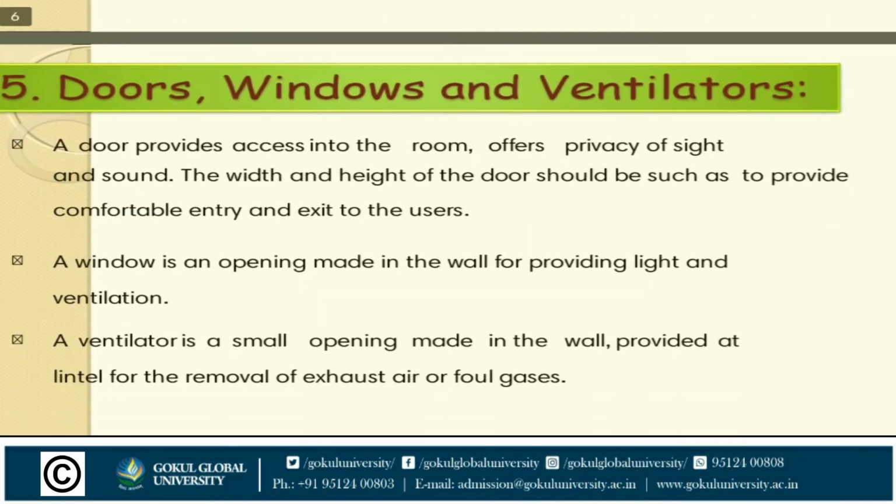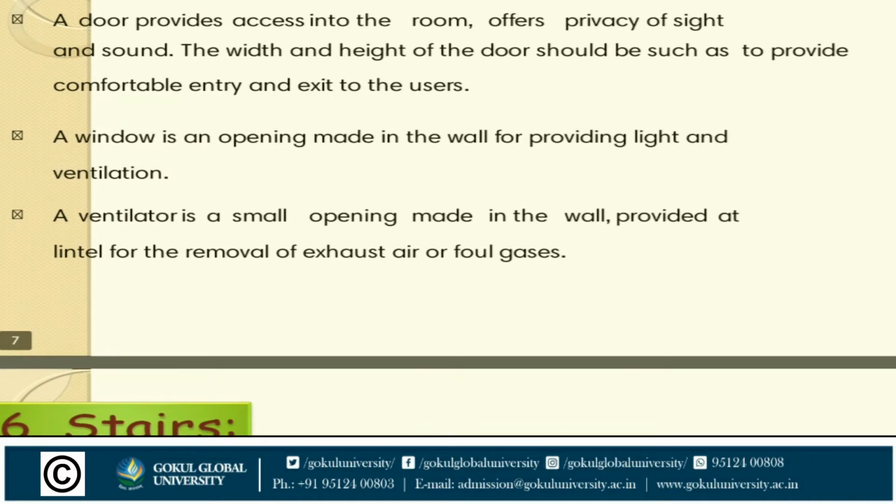Next one is doors, windows, and ventilators. A door provides access into the room and offers privacy from light and sound. The width and height of the door should be such as to provide comfortable entry and exit to the users.